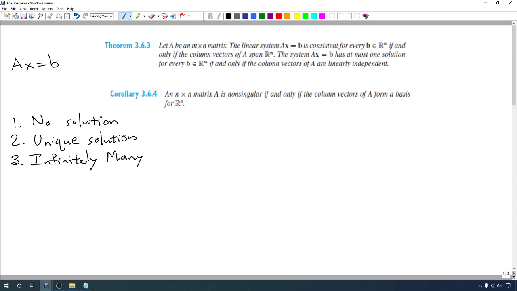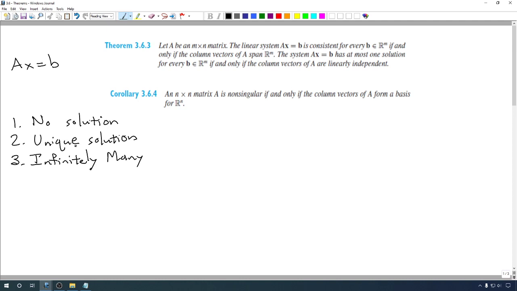To rephrase this, if the column space of A is all of Rm, then no matter what vector b we pick from Rn, we always have a solution. That means we are always in possibilities 2 and 3.